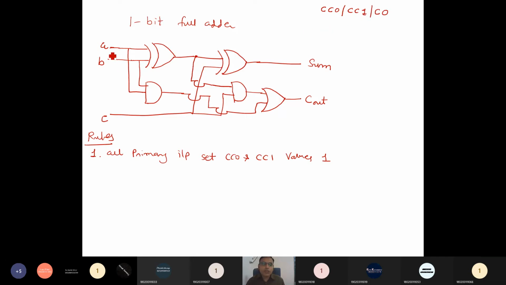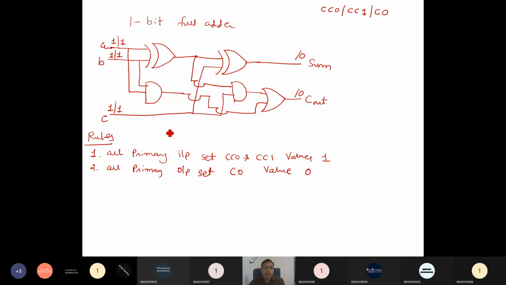So whatever the first value is, that is our CC0 value. So here we keep CC0 and CC1 equal to 1 and 1. B is also a primary input and this is also a primary input. And for all the primary outputs, we set the CO value to be 0. So here it is 0 and 0, right?